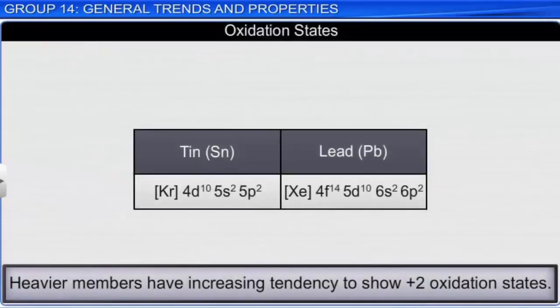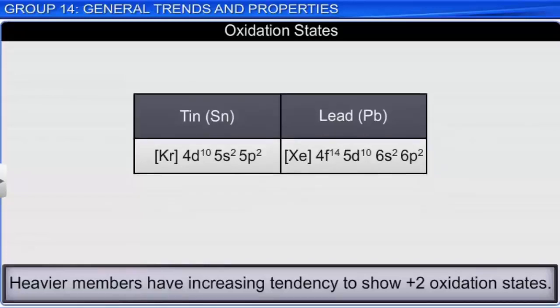The heavier members of the family are more likely to show +2 oxidation states than the lighter members. This is because the outermost s electrons, which are paired, don't participate in bonding.